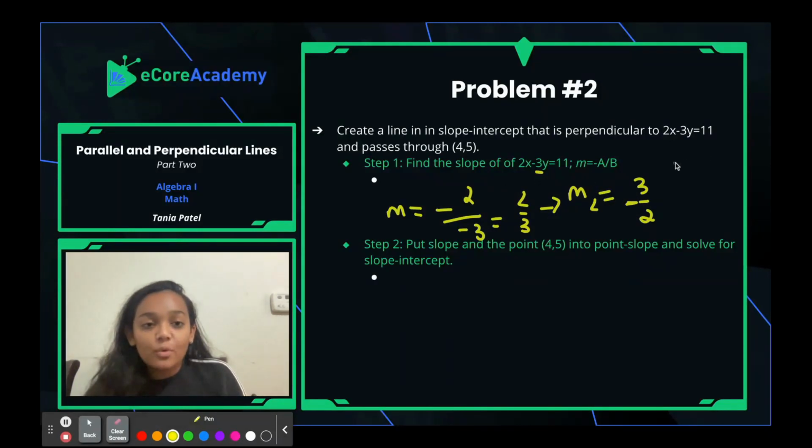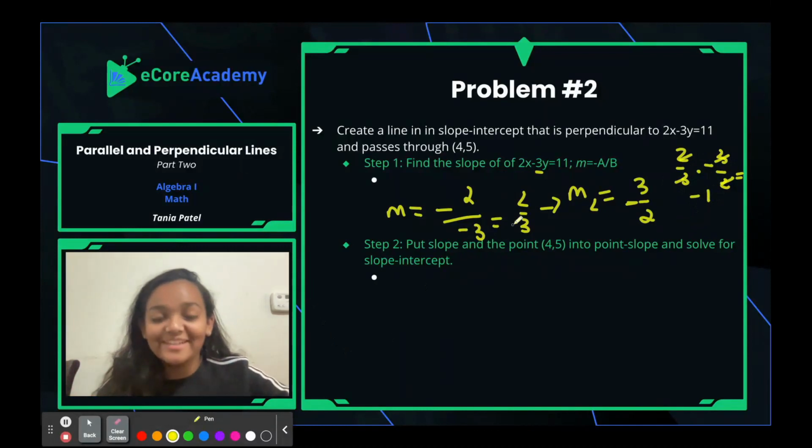We can double check that when the two different m values are multiplied to one another, it will equal -1, and they will cancel out. So that was great. That is going to be the m value that we will be using in step 2.